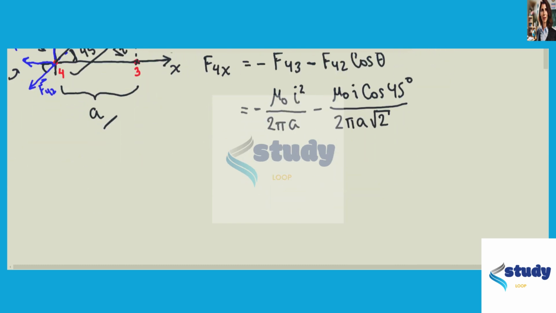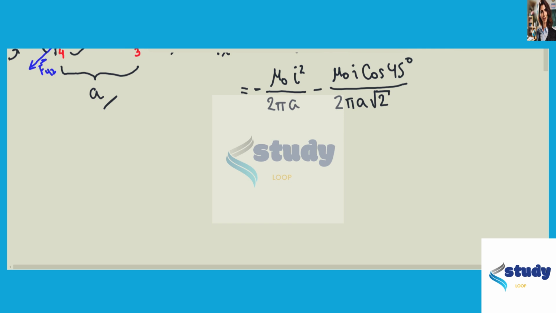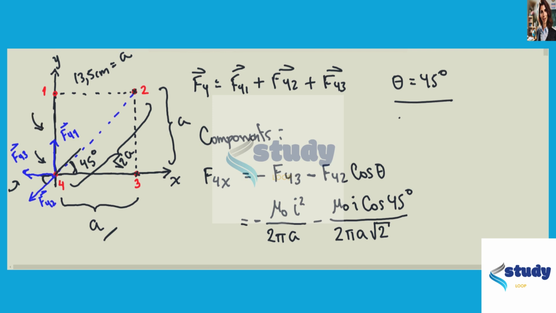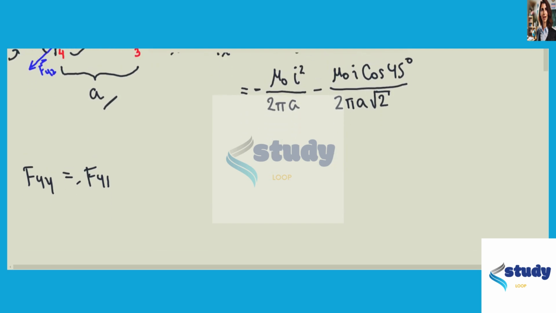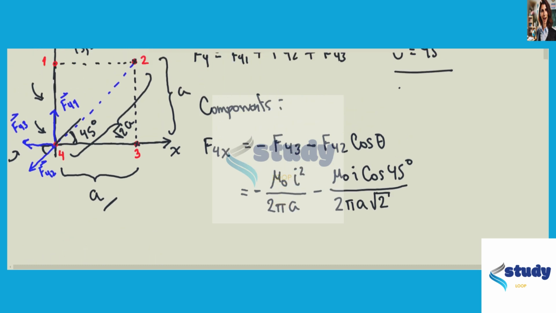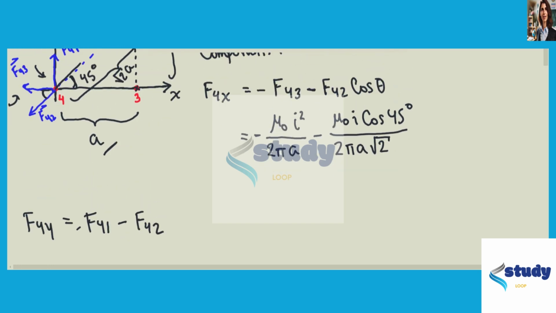Now we do the y component. So the y component, in this case, we write it like this: F1, because it only has a vertical component, so it is simply that, minus F2 times the sine of theta, because we want the vertical component.